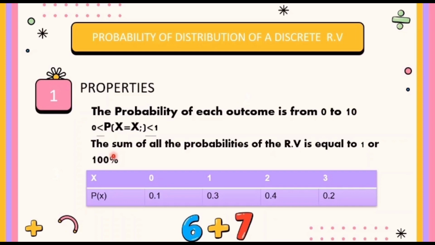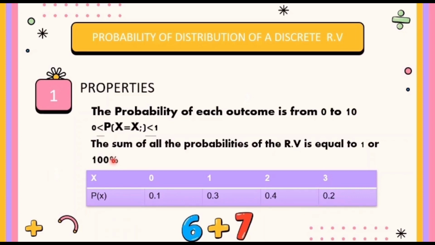When we calculate what's inside of the column right here, we must remember that it should always equal 1, always 1, no less, no more. Let's see. The P(x) values are 0.1, 0.3, 0.4, and 0.2.